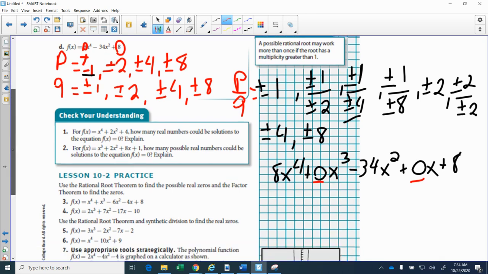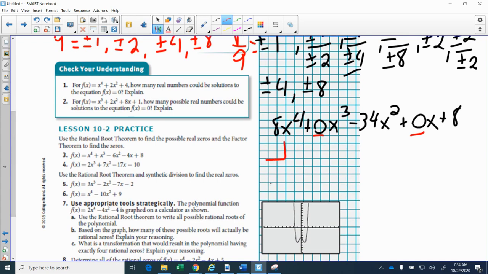Now I'm going to set up my synthetic division, and just because I know one of the zeros, I'll throw one of them in so I can show you what a 0 value looks like. Let's throw 2 into this. The next thing I'm going to do is fill out my coefficients: 8, 0, -34, 0, and 8.